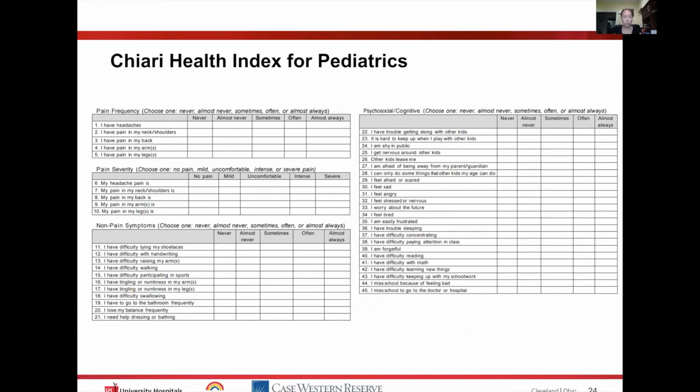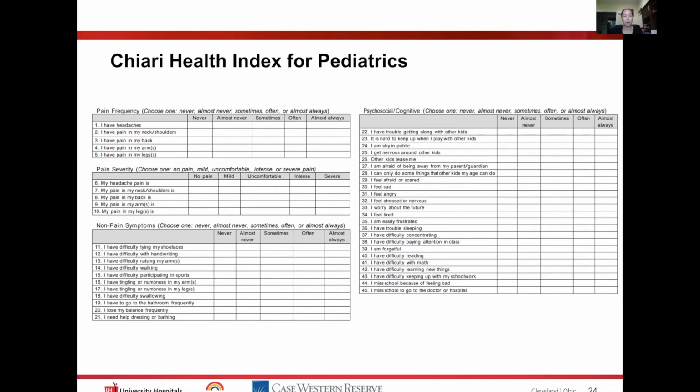So you can see this is actually the entirety of the questionnaire. It has everything from headaches or pain in back, arms, legs, and it's both how frequent that pain is occurring and how severe the pain is.